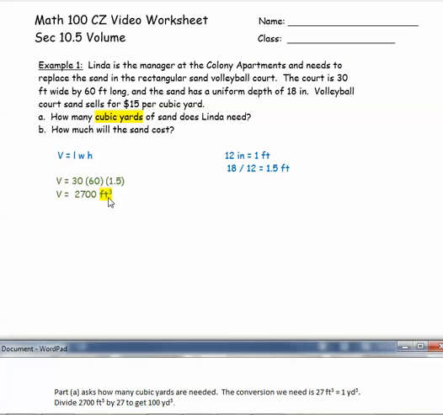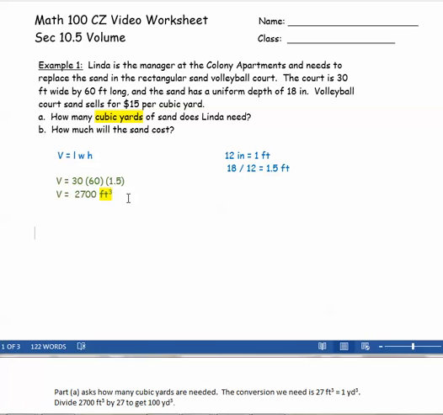So divide 2,700 cubic feet by 27. 2,700 divided by 27 gives 100 cubic yards, or we write yards cubed. And that's the answer to part A.